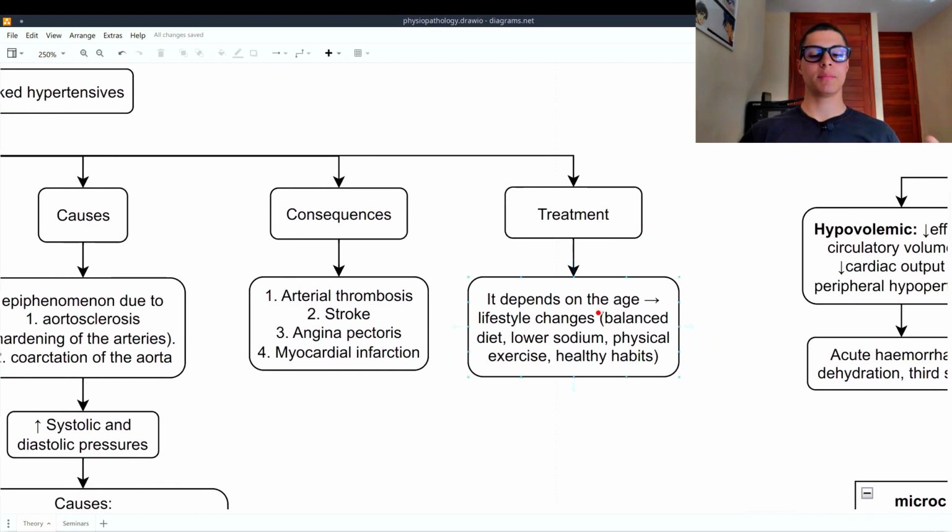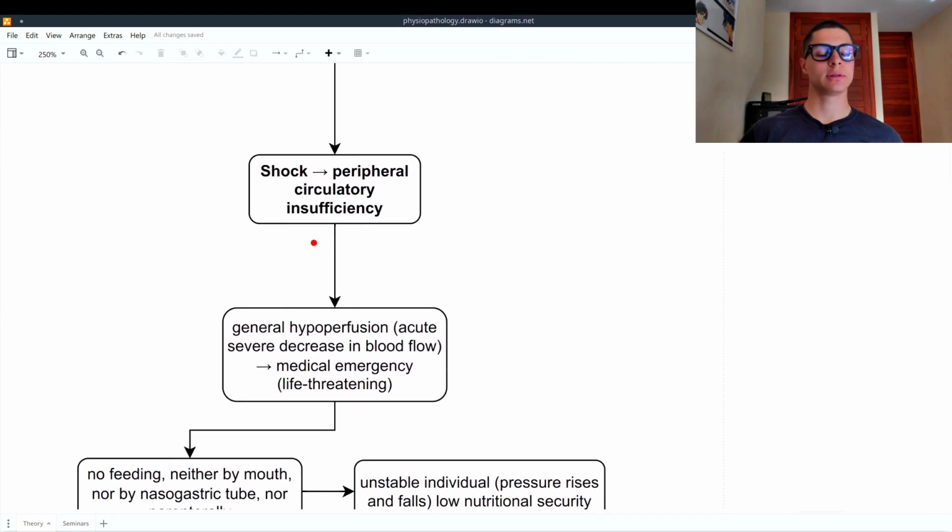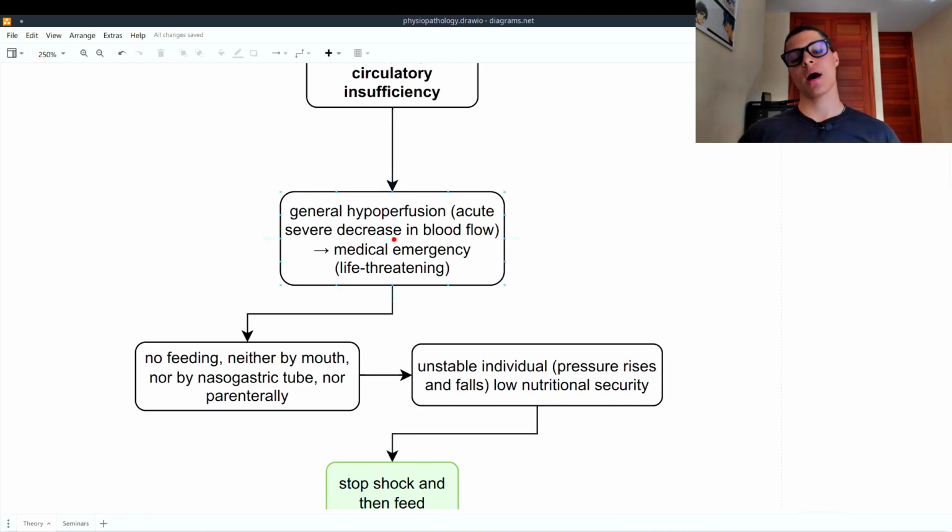The treatment depends on the age. What we can do is change the lifestyle: a balanced diet, a lower sodium diet, physical exercise, and healthy habits. And then last but not least, we talk about shock, which is the peripheral circulatory insufficiency. It is a general hypoperfusion, an acute severe decrease in blood flow, so the blood stops flowing.